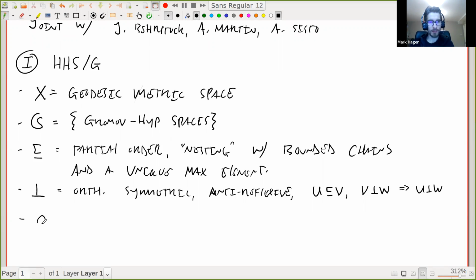And then if two hyperbolic spaces are not related by either of these relations, then they're transverse. In the mapping class group case, two subsurfaces are transverse if they overlap. So they can't be isotoped to be disjoint, which would correspond to orthogonality, and they can't be isotoped so that one is a subsurface of the other. And so that's part of the data.